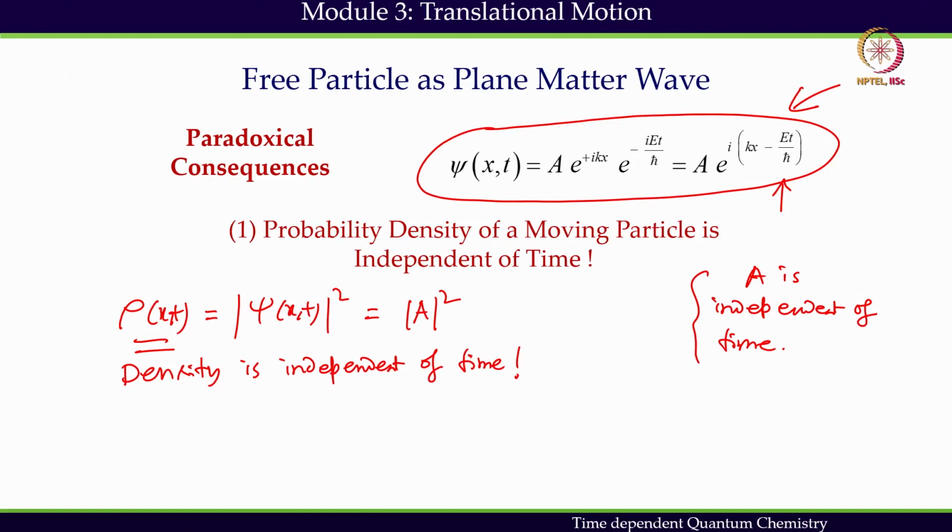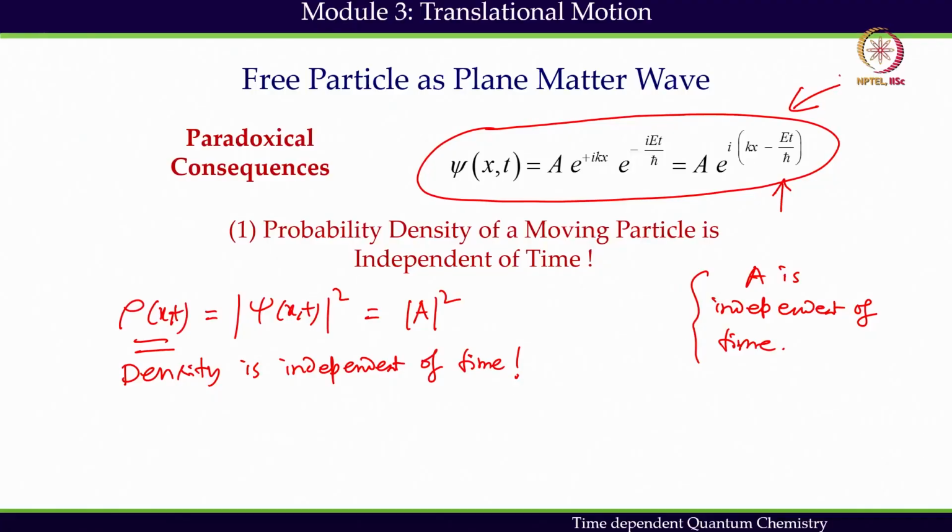And this is a big problem, a strange consequence. Why it is strange consequence? We have been saying that in quantum dynamics, if anything moving in quantum mechanics, its density should change as a function of time. And if density is not changing as a function of time, then there is no effective motion which we should observe.